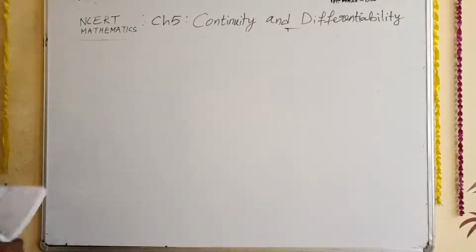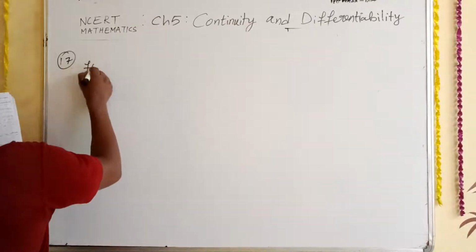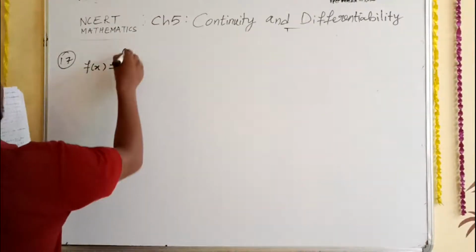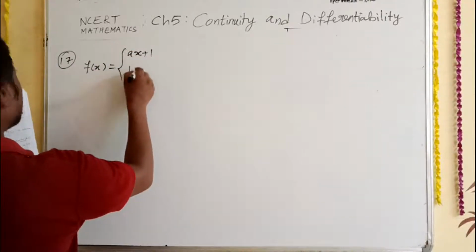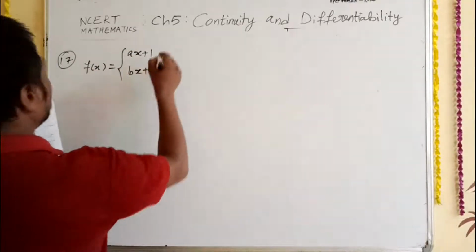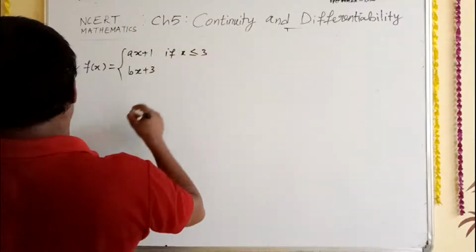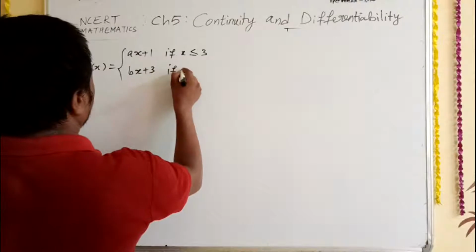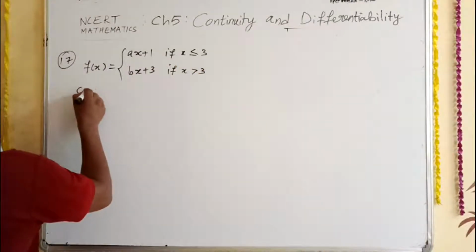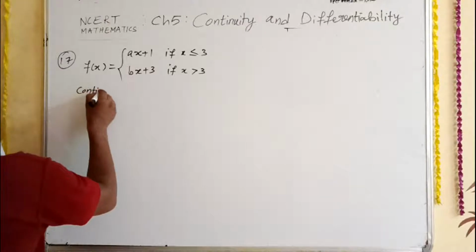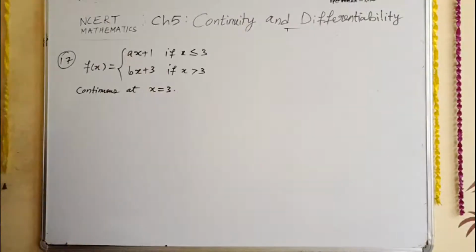That is also very easy, don't worry about it. Now the 17th one: given f of x is ax plus 1 if x is less than or equal to 3, and bx plus 3 if x is greater than 3, continuous at x is equal to 3.